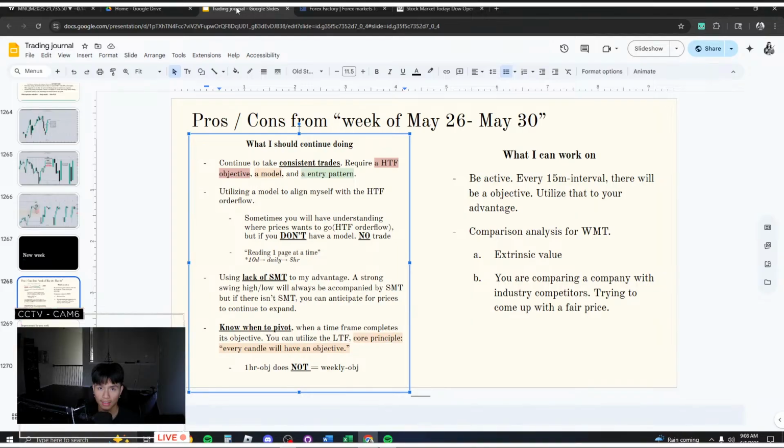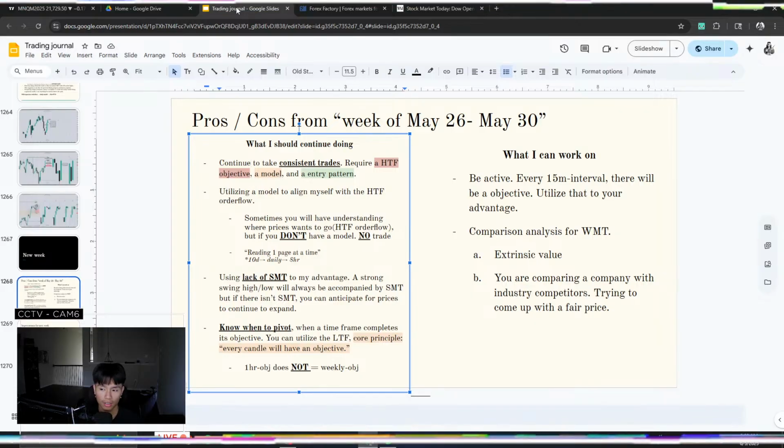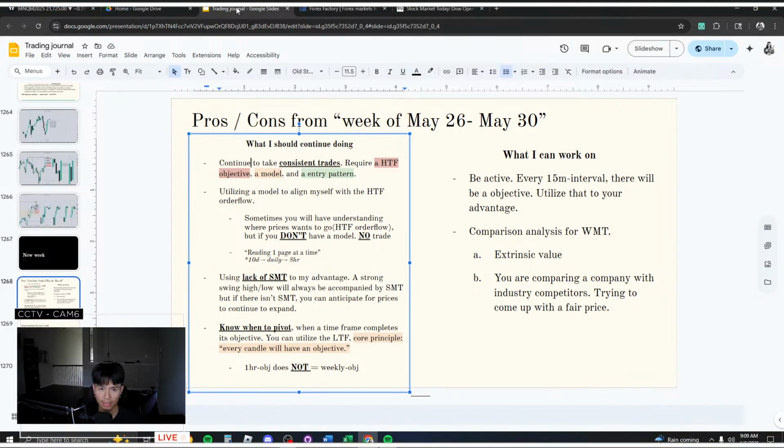The whole idea is that a lack of SMT indicates that there is a possible continuation, and if there's SMT, then there's a possible reversal, meaning price could reverse in the opposite direction, right? So utilize SMT to your advantage during a trade.